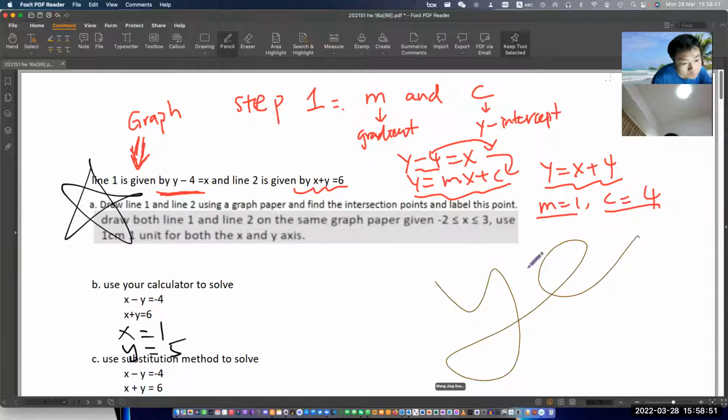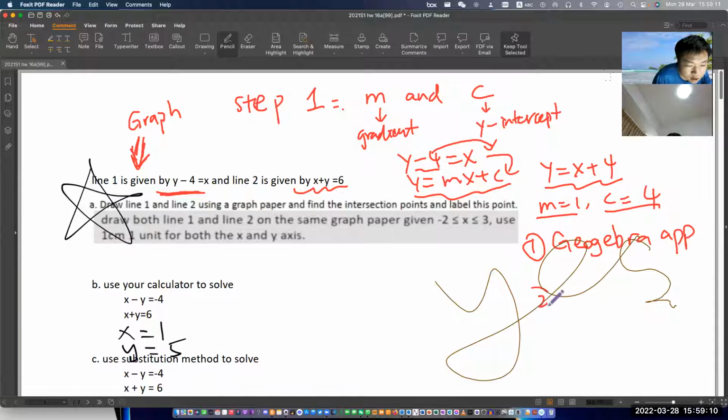Yes. Okay. By the way, there are two ways we can graph this line out. One of them is the GeoGebra app, and the other one is manual.